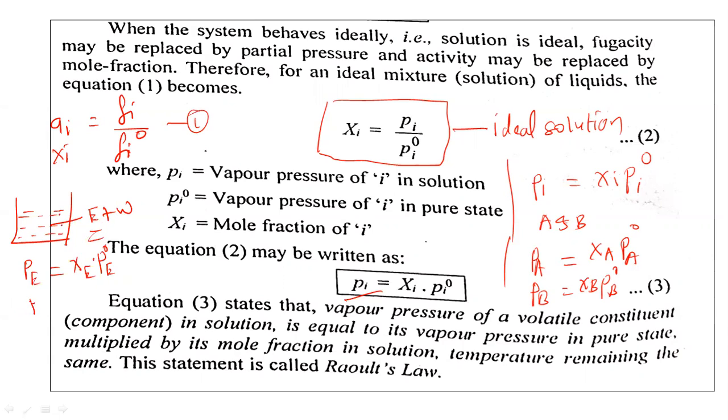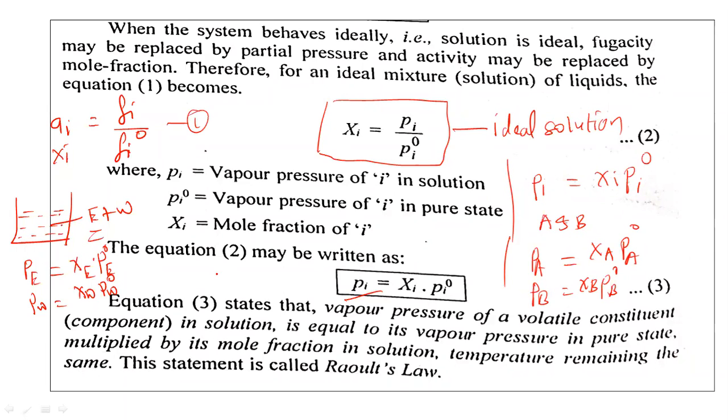For the water, we can write the equation now. Pw is equal to Xw, the mole fraction of the water, into this. So in this way, we can write Raoult's law. If the solution is ideal, then we can write this equation: Pi is equal to Xi into Pi0.